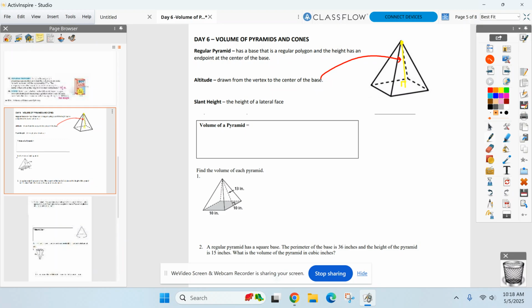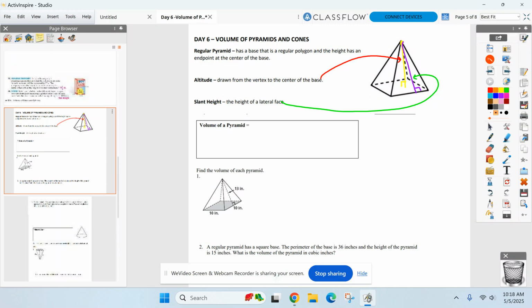The slant height is the height of one of the faces. So if I take one of these four faces now, everyone see that? That is the slant height. Please see the difference between the two. Height, altitude, drop down from the apex. That's your Mission Impossible height. Slant height is one of the heights right on the faces.